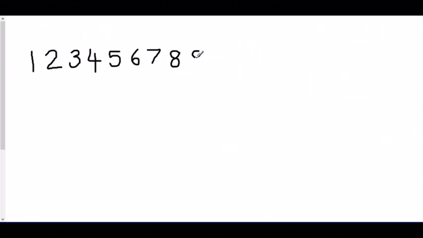So for each digit, the children should always start at the top. 1, 2, 3, 4, 5, 6, 7, 8, 9, and then a 0.